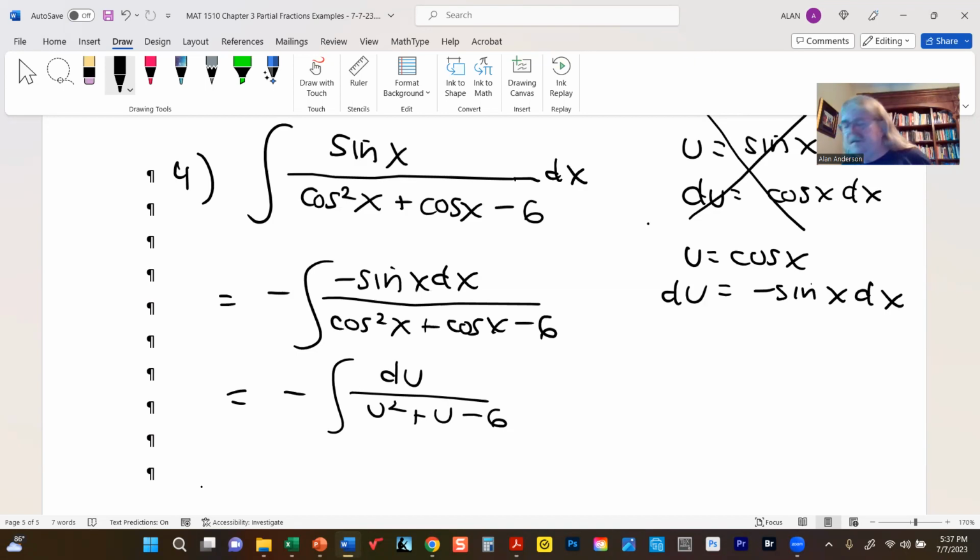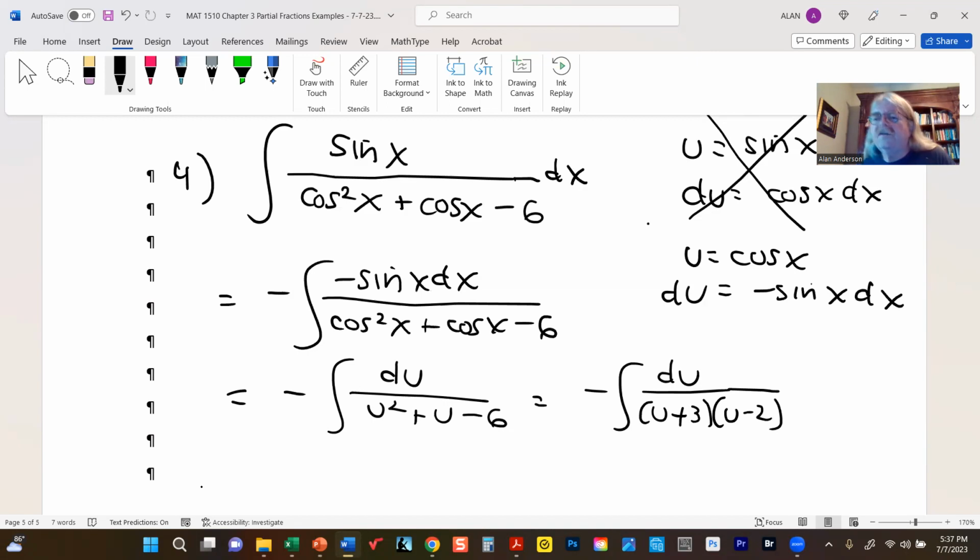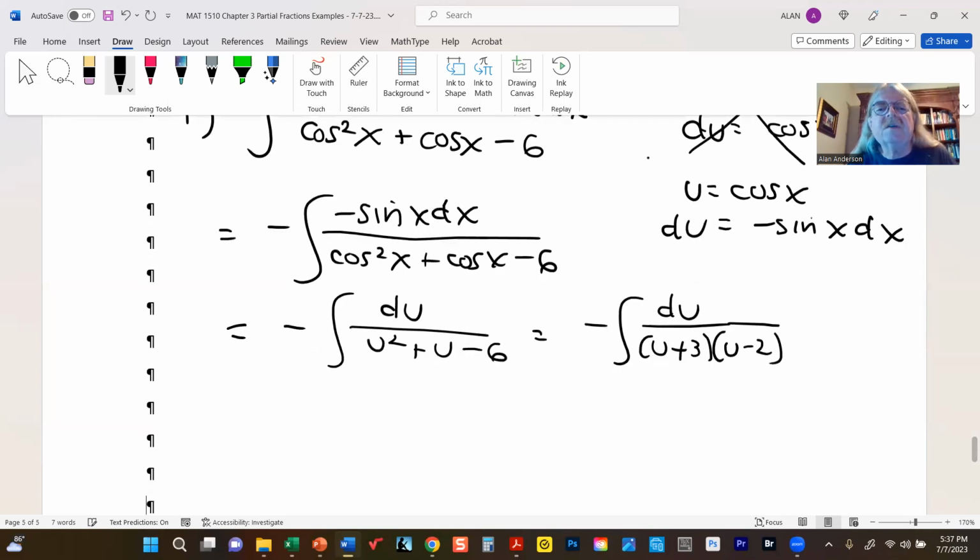All right. Now, I think you can see what's going to happen if we rewrite this. All of a sudden, even though we've switched the variable from x to u, we can now apply partial fractions. Very clever of us. Okay. In other words, what we're able to do is take a very messy expression and turn it into something where we can apply partial fractions.